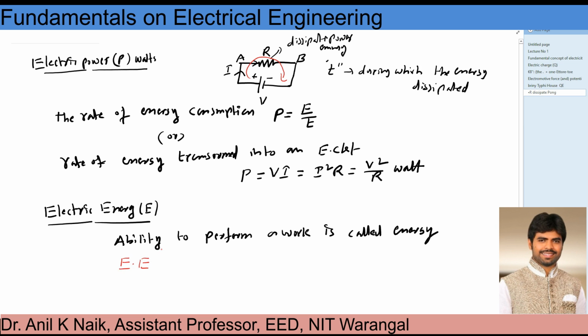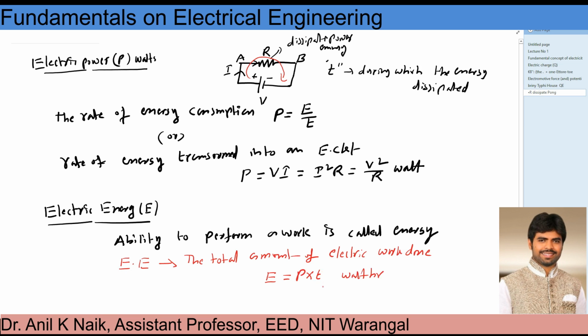And you can define electrical energy as the total amount of electric work done. The expression for this is nothing but your power multiplied with the time, and you can write it as watt hour.